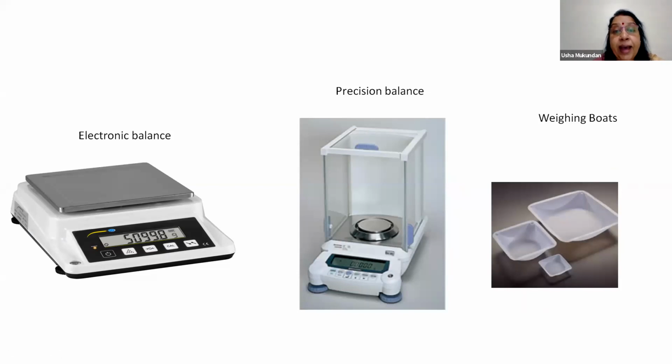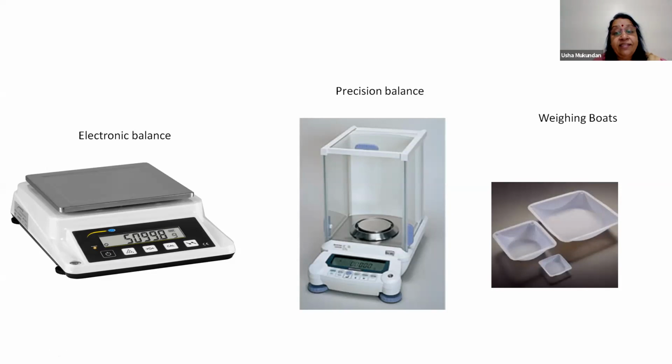And using the balance is also a very important technique. Your balance should be completely clean. You must clean the balance and then you use it. Whenever you are weighing material in gram, you use an electronic balance of this type, and when you are weighing in milligram, you use a precision balance.